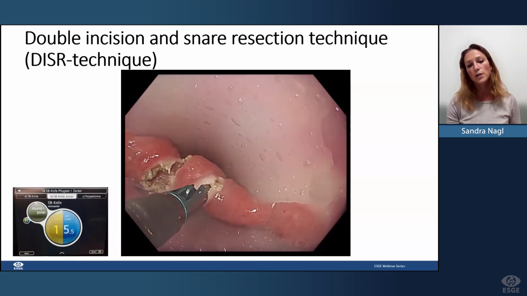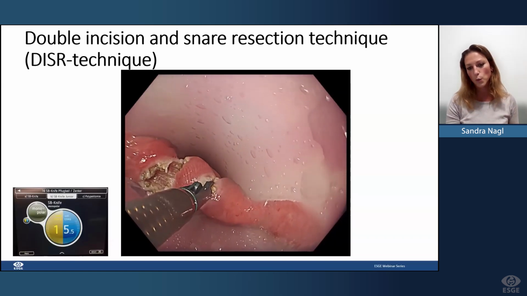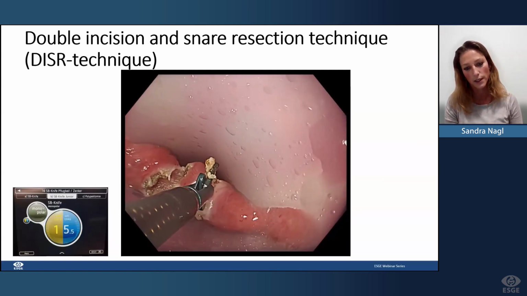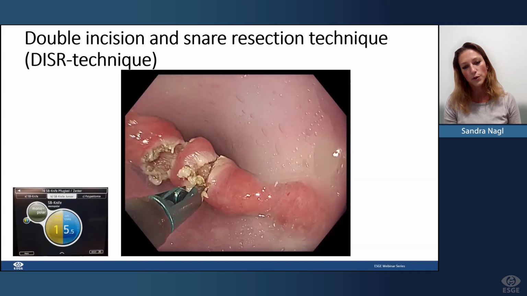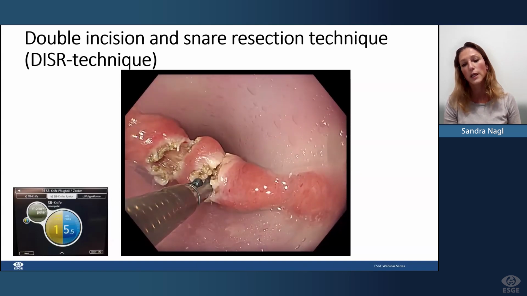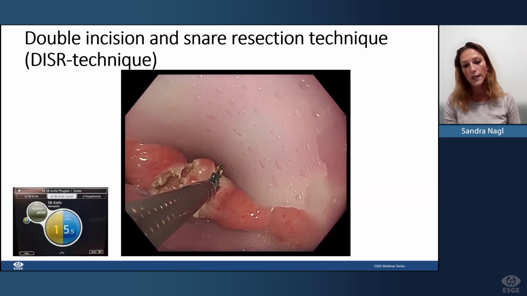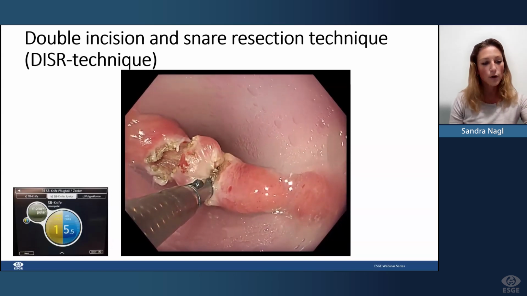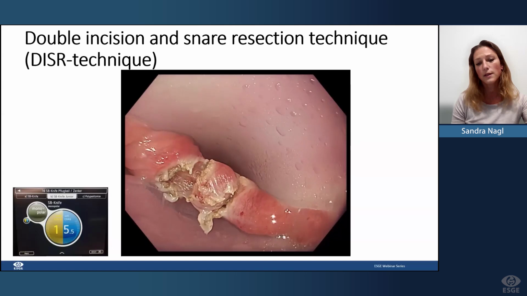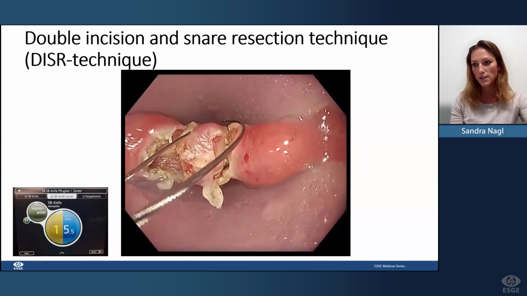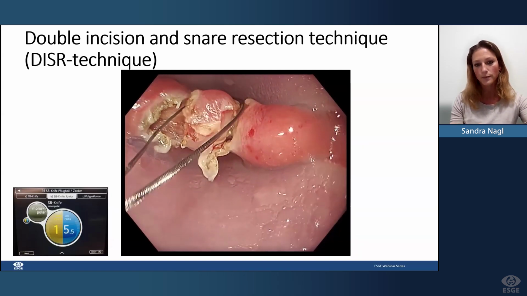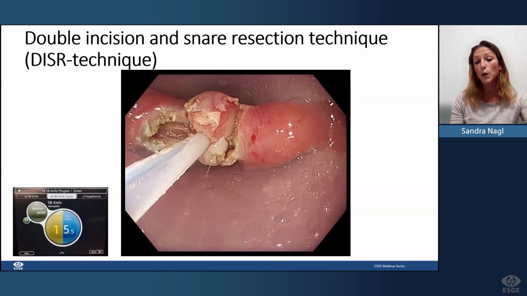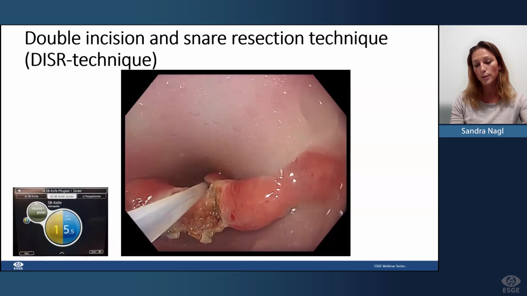Then you start a second incision just 1 centimeter left of your initial incision, and you cut through the muscle fibers in a really controlled manner until you reach about the same incision depth. Then the central part of the septum is cut with the snare. This gives you a greater exposure of muscle fibers.